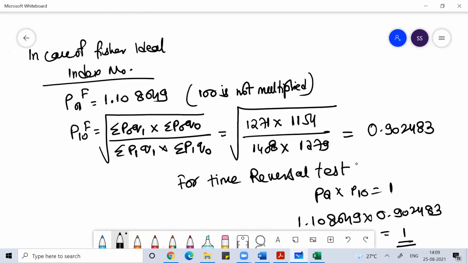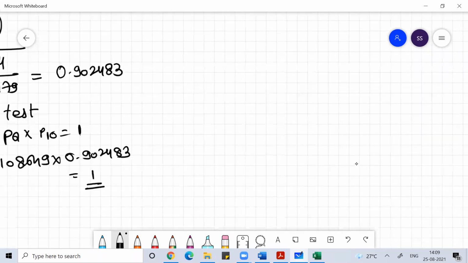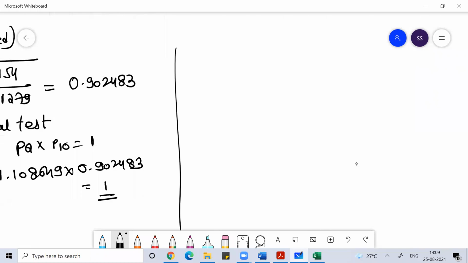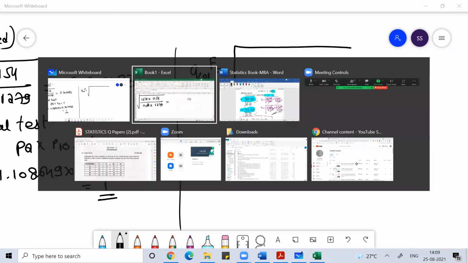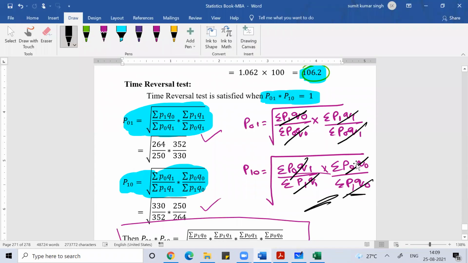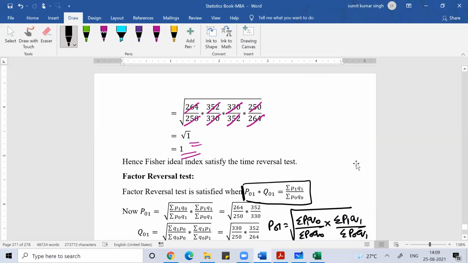Like the way I found P01, the same way I can find Q01 also. So what will be the formula for Q01 for the Fisher ideal index method?